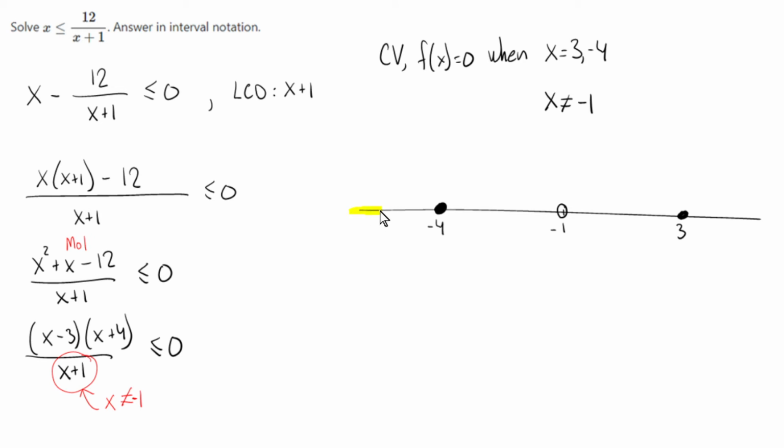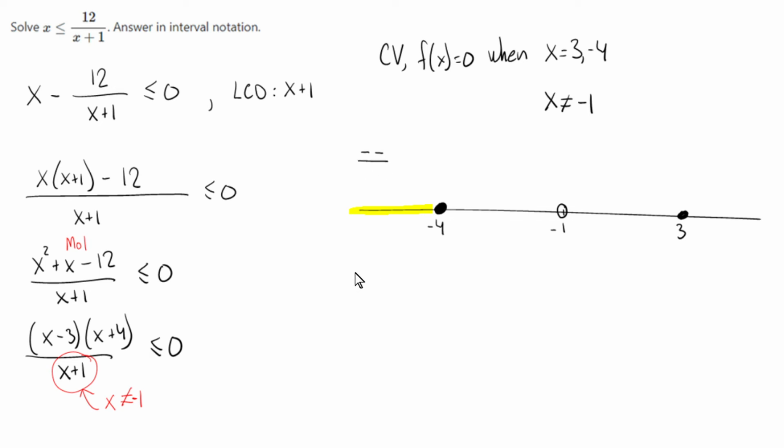So x is less than negative 4. When x is less than negative 4, this first factor will be negative. A negative number minus another number will be negative. So it's negative. The second factor, x plus 4, will also be negative. Divided by x plus 1.